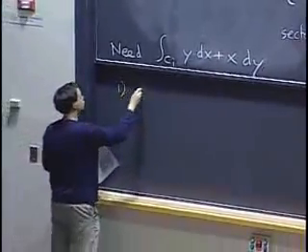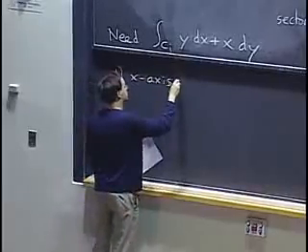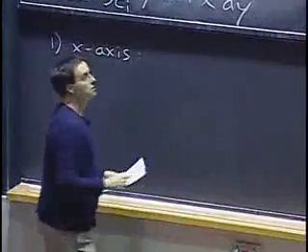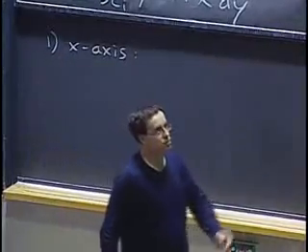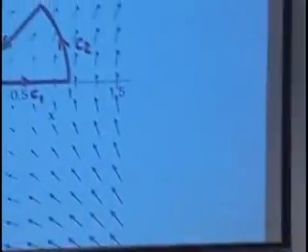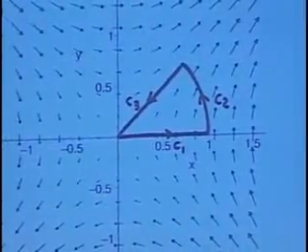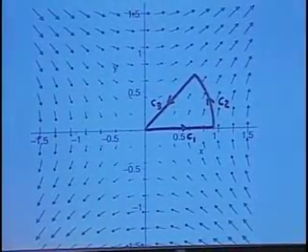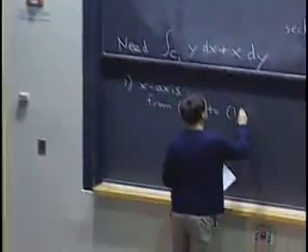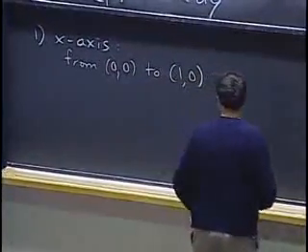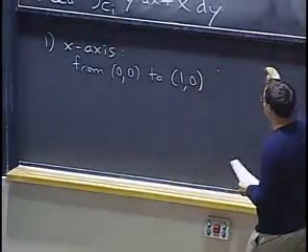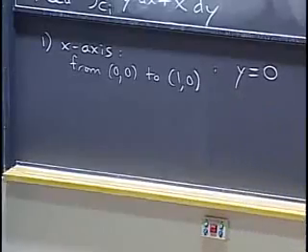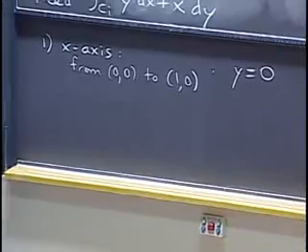So let's do the first one. On the x-axis, one way to parameterize that is to just use the x variable. We're going from the origin to (1, 0). We know we're on the x-axis, so y is actually just 0, and the variable will be x from 0 to 1.